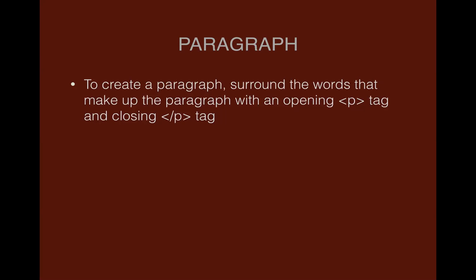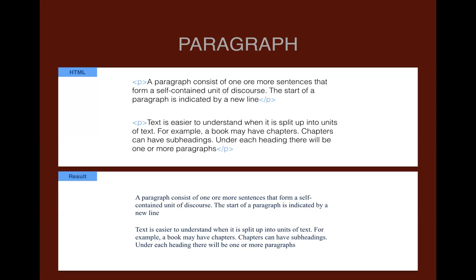Okay, understand? For example, if you have more than one paragraph, you can start with a new P and type your content and close it with the closing tag of the P. That's all. Again, there is no P1, P2, or P3. Okay? So for a paragraph, you have to use P. So this is how it looks. Again, the first paragraph sits in a P tag.